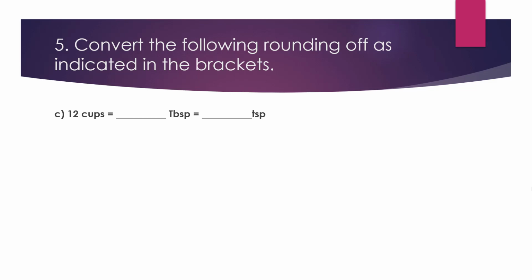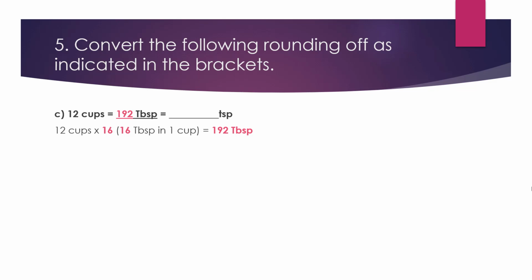We're going to take 12 cups, convert that to tablespoons, and that same 12 cups into teaspoons. The relationship between cups and tablespoons, can you remember? Yes, that's right, it's 16. If I take the 12 cups that I have and multiply it by the amount of tablespoons in each cup, 16, I see that I get 192 tablespoons. So 192 tablespoons equals 12 cups. Now I need to remember my relationship between teaspoons and tablespoons.